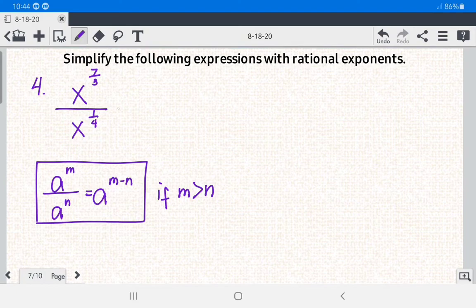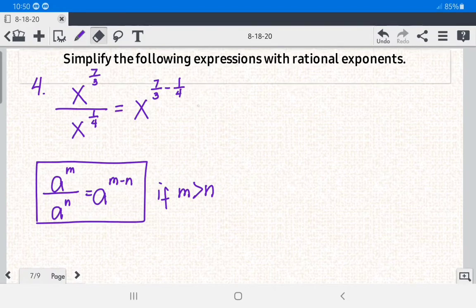Next, going back to our example, we have x raised to 7 over 3 divided by x raised to 1/4. Since they have the same base, you will just subtract the exponents. So, we have 7 over 3 minus 1/4. Next, copy x.